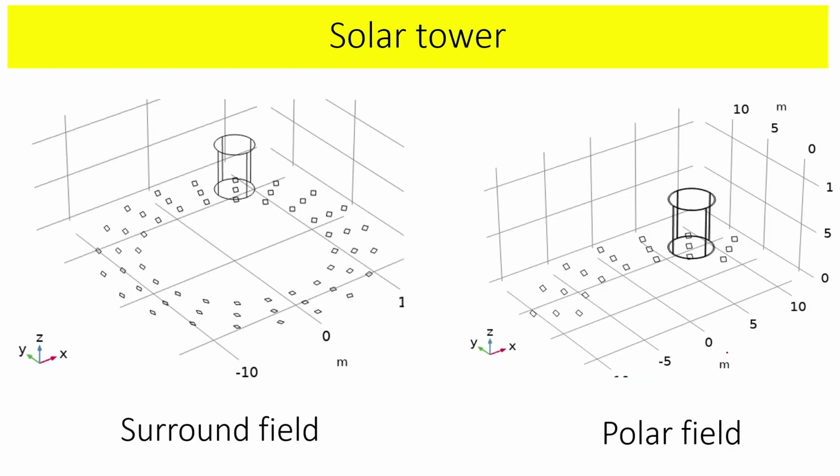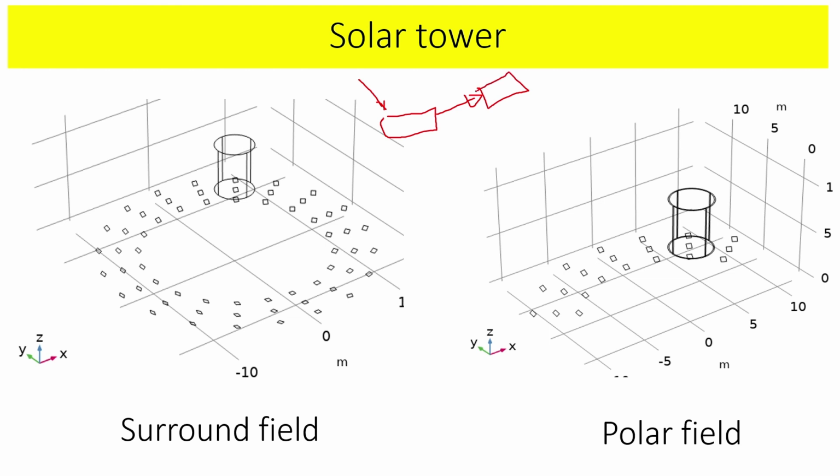So the solar tower, we will see first here. The point concentrating technologies are of two types. In all the solar thermal technologies, when the sunlight comes, there would be one collector and one absorber.